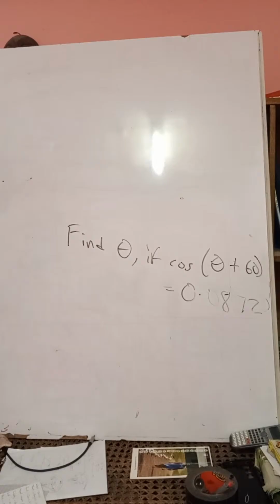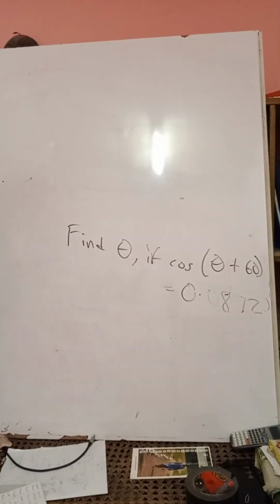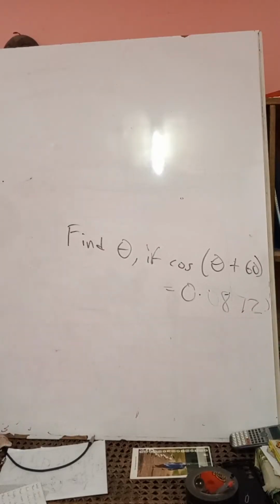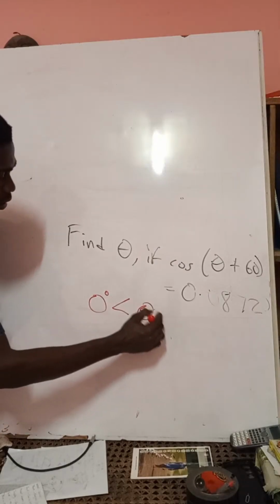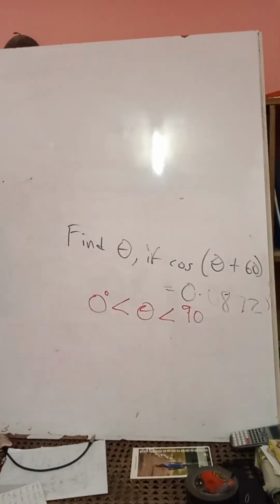Yeah, do it and let me see. Try your hands. At least try. Trying is not harm. So this is 0.0872, where 0 degrees is less than theta and also less than 90 degrees.